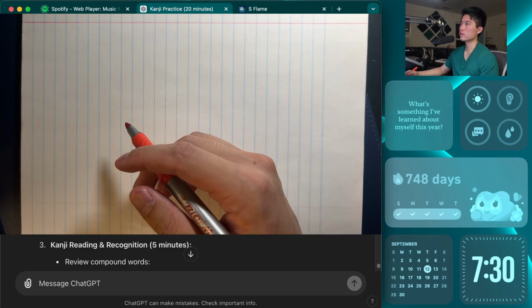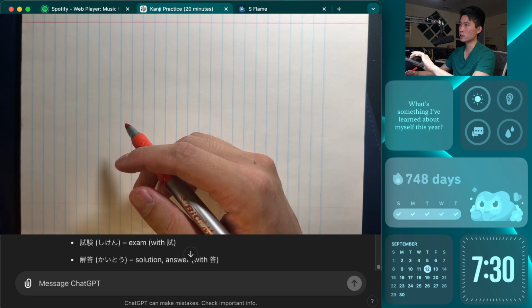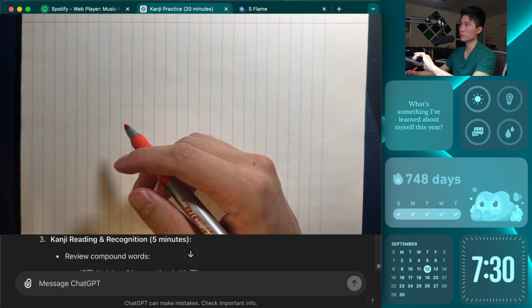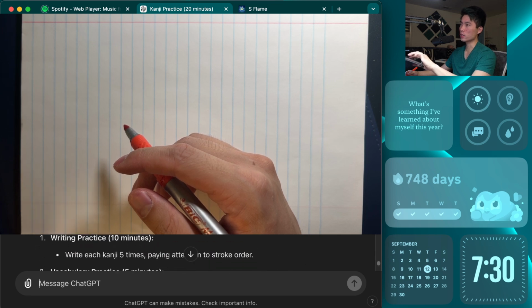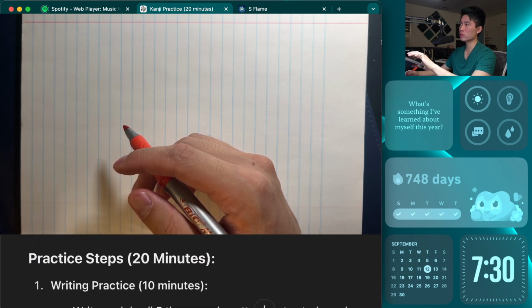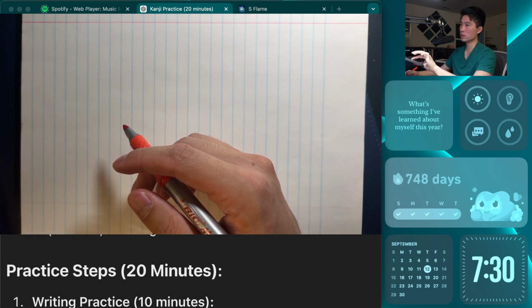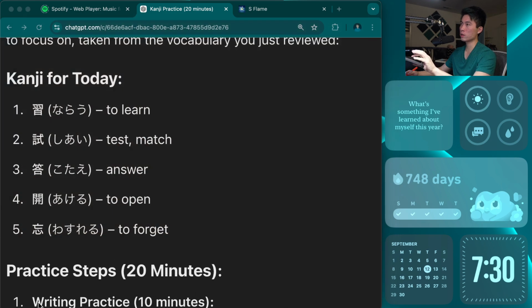Write kanji 5 times. Use each kanji in a sentence. Well, let's just write each kanji real quick first. So just to show you guys the kanji before we write them, they are these ones: narau, shiai, kotae, akeru, wasureru.